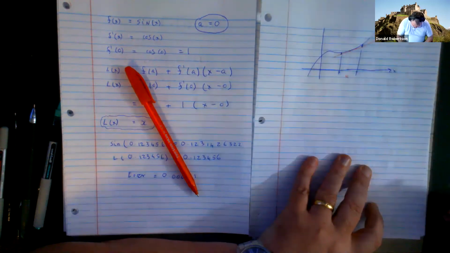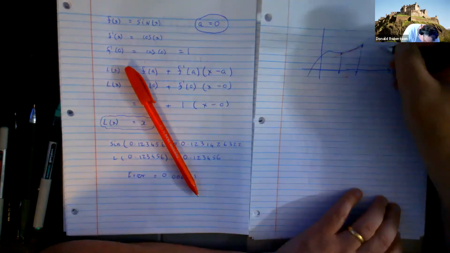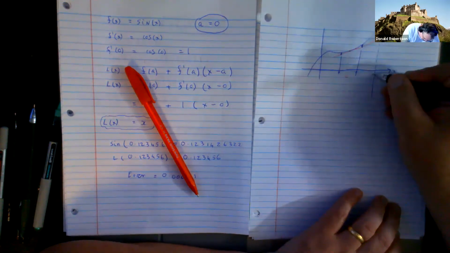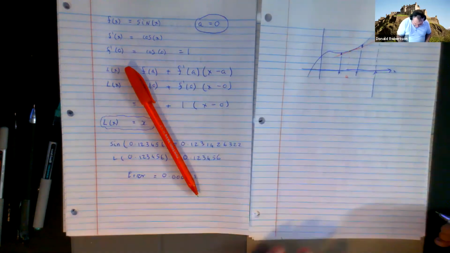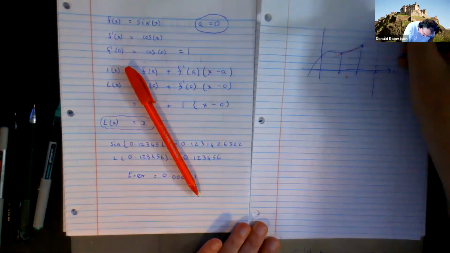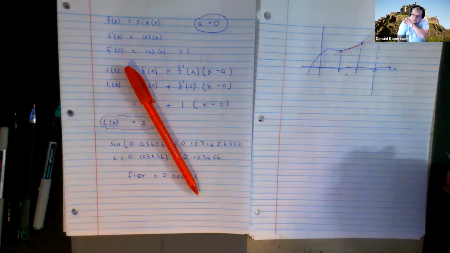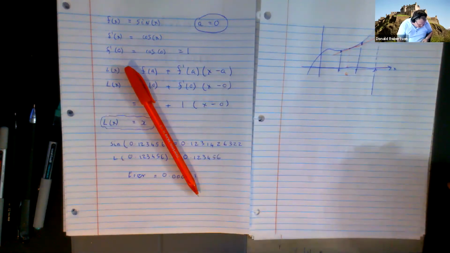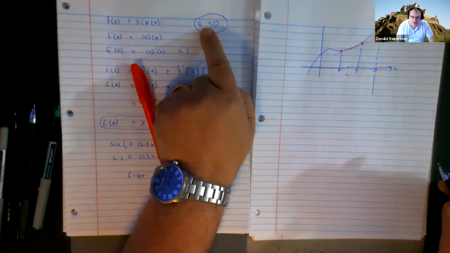It's pretty small there, but look what happens if you travel just a little bit too far away. If I try this guy here, can you see that the difference between what the straight line says as an estimate and what the curve is really equal to can be huge. And in fact, the further away from a you go, the more likely that is to happen. So we always bear in mind that you shouldn't travel too far away from the center value. In this case, a equals 0.